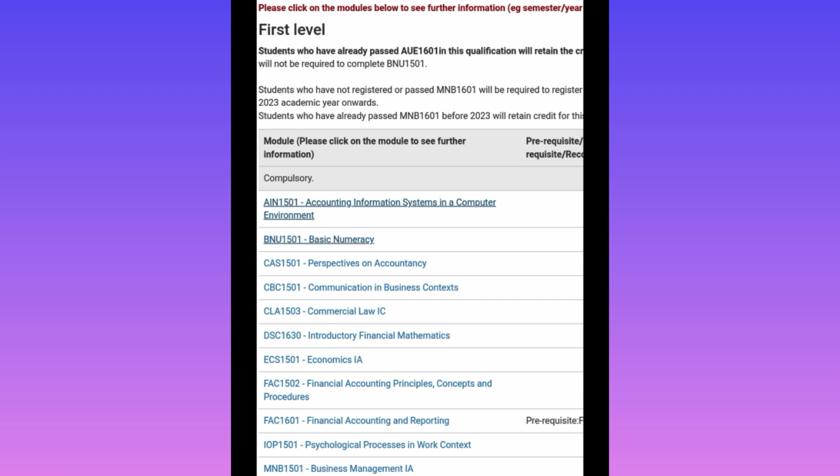And the next module is basic numerals. This module, it is basic mathematics, but it has an exam. You are going to attempt assessments throughout the semester. I think you have about 4 or 5 assessments, and then at the end of the semester you write an exam.